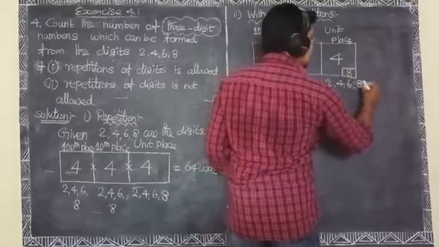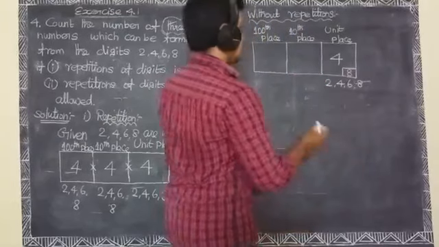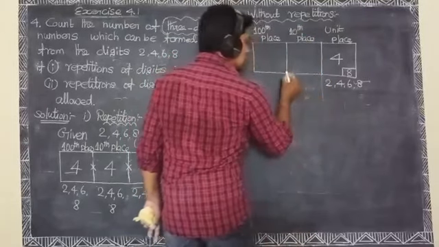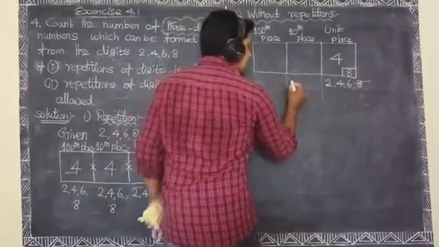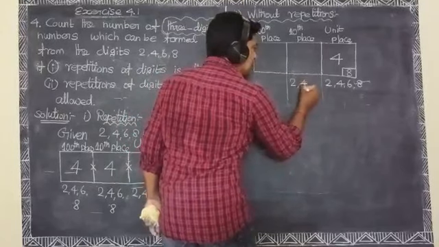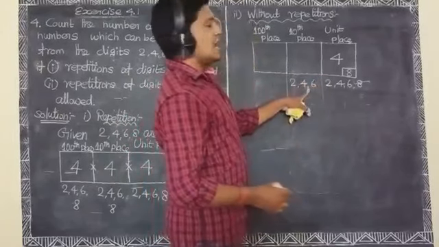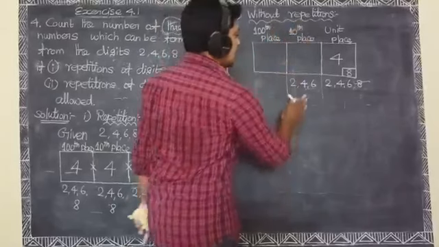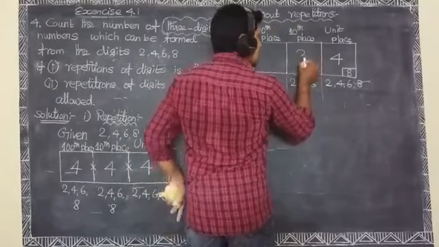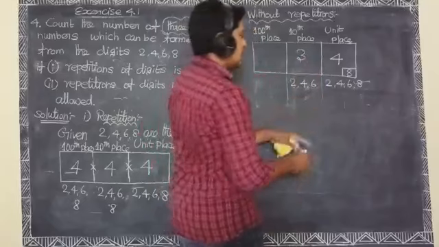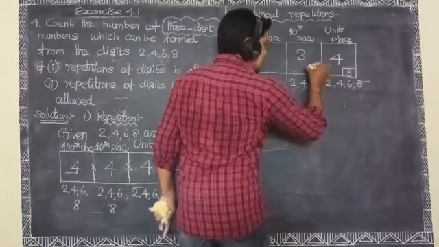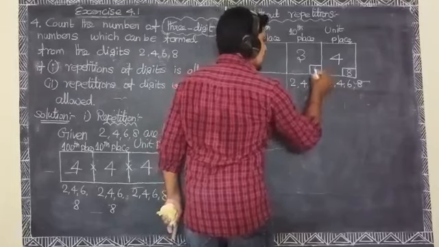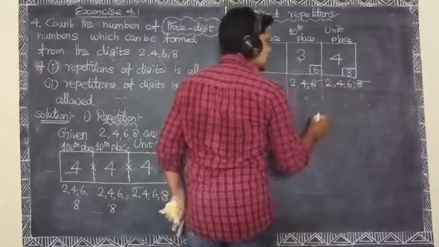Then in the tens place only 3 digits are possible, 2, 4, 6, because we are calculating without repetition. Suppose the tens place digit is 6.